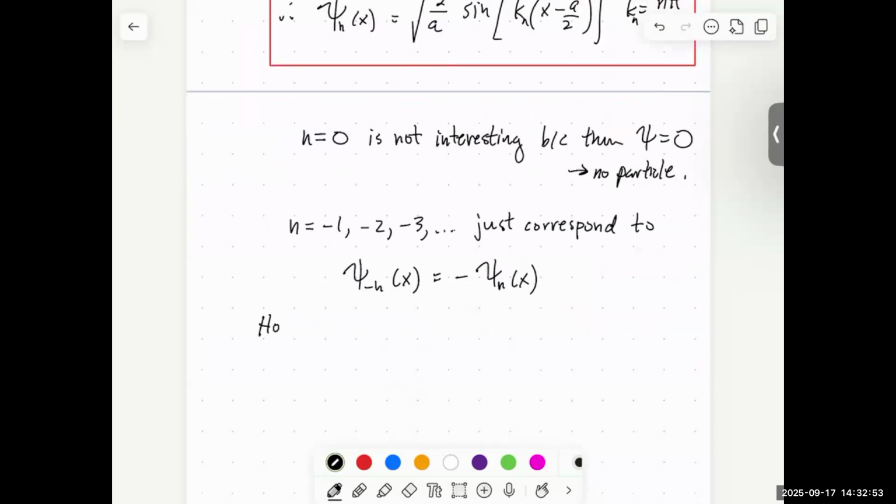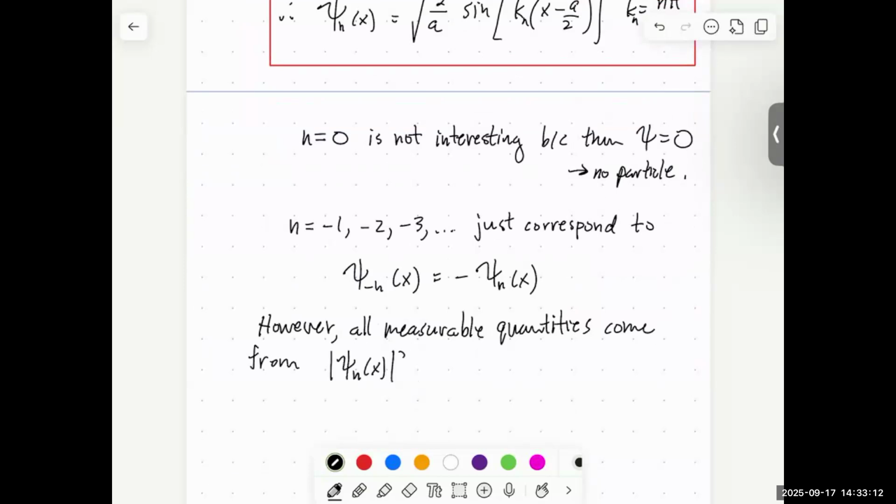However, all measurable quantities come from the absolute square.